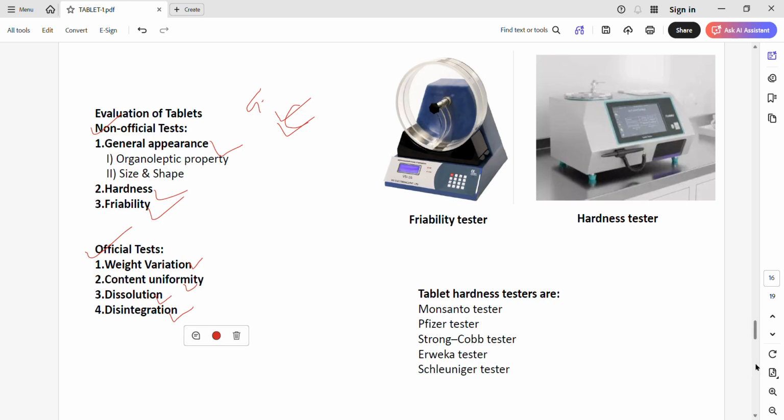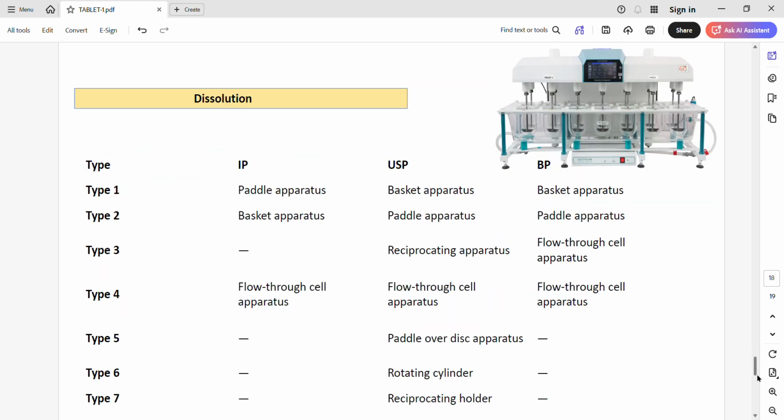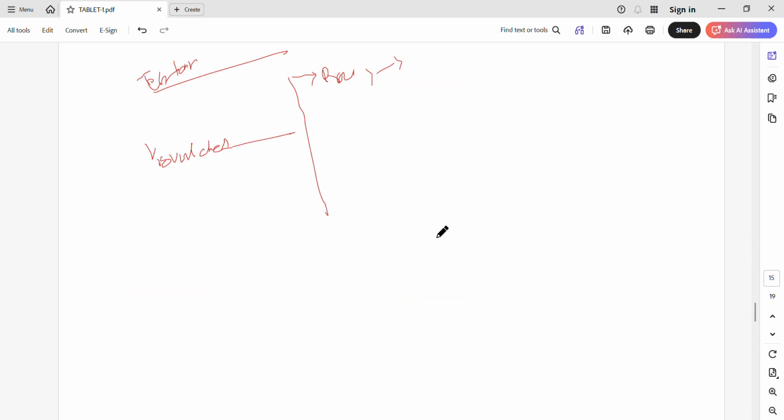In the friability test, at first we take a blank page. We take mainly 10 to 6 tablets, but mainly 6 tablets. We weigh each of the tablets and take the sum.